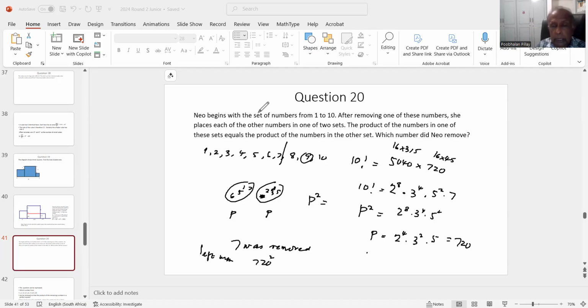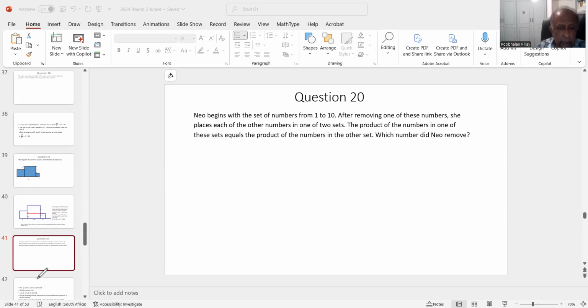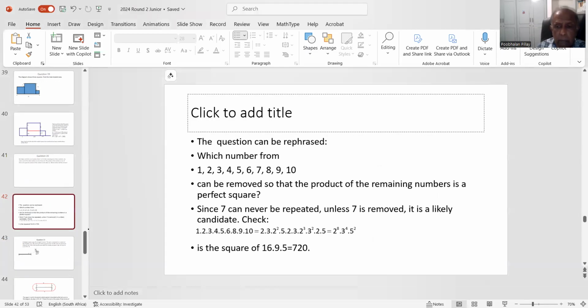So that takes care of problem number 20. And if I clear the drawings and go to the solution, there too you got 720. So this is quite correct. All right.